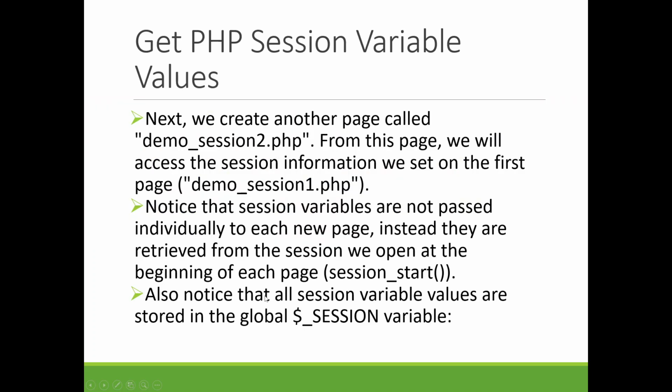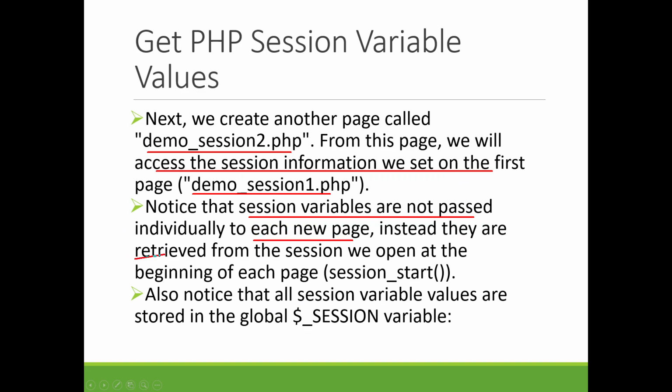Okay, so next we want to create another page called demo session 2. On this page, we want to access the session information that we set on the first page, which is demo session 1. Notice that session variables are not passed individually to each new page.